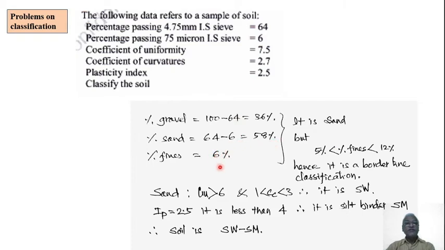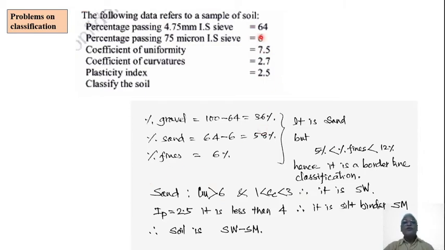So looking at all these values, it is sand, but percentage of fines is a little more here, more than 5%, but less than 12%. So it is between 5 and 12%. Hence it is borderline classification. Now for sand, Cu has to be greater than 6, Cc has to be between 1 and 3 if it has to be well graded.